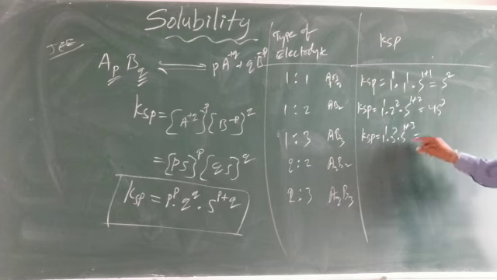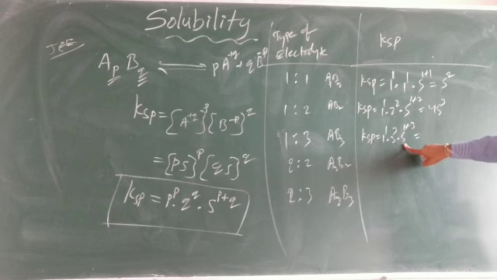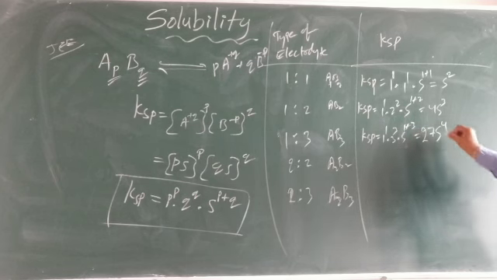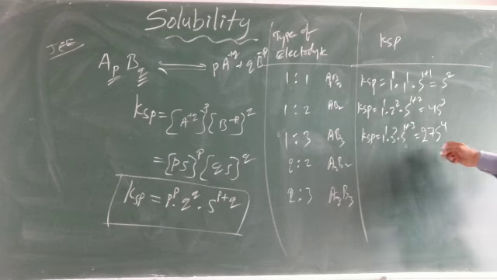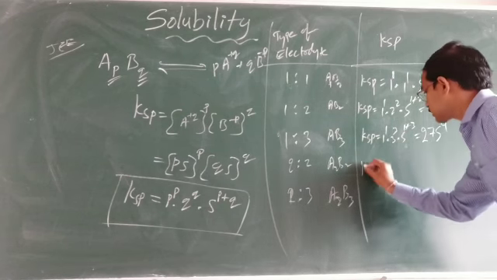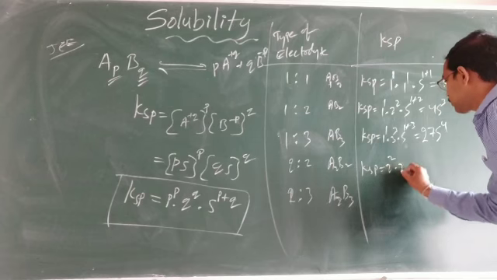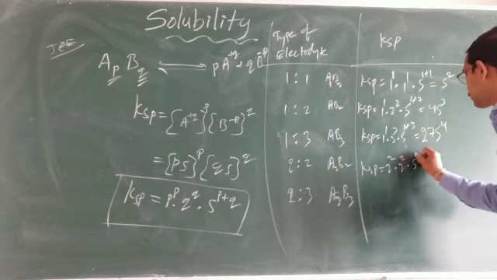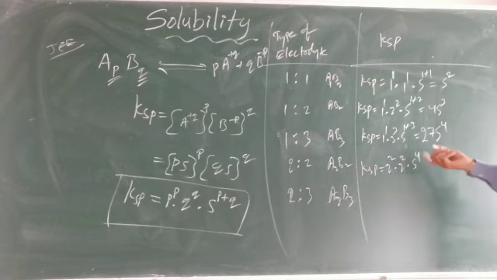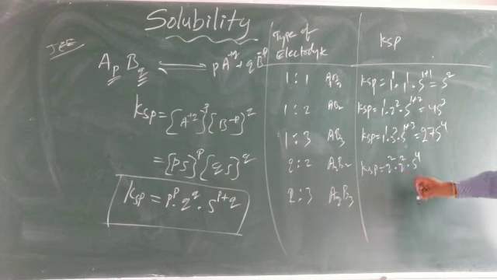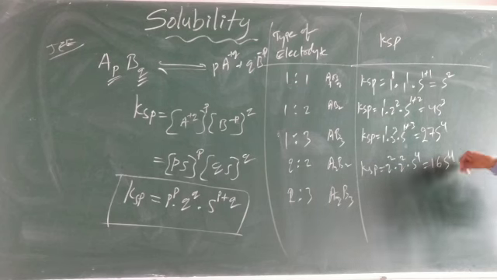That means S to the power of 4 होगा. This is 27. Right? 27 S to the power of 4. Then this, KSP equal 2 to the power of 2, 2 to the power of 2, S to the power of 2 plus 2, 4. 4, 4, 16. That means 16 S to the power of 4.